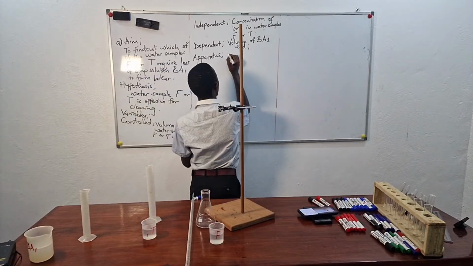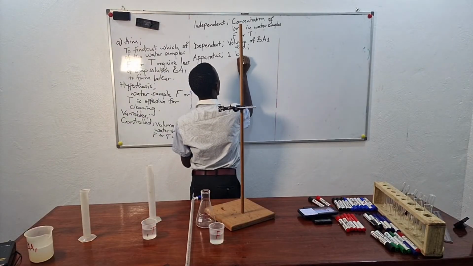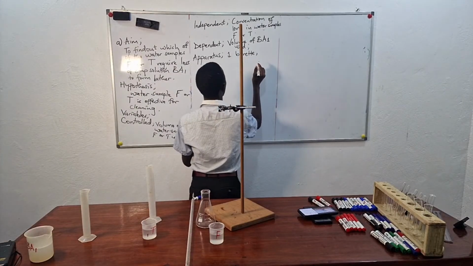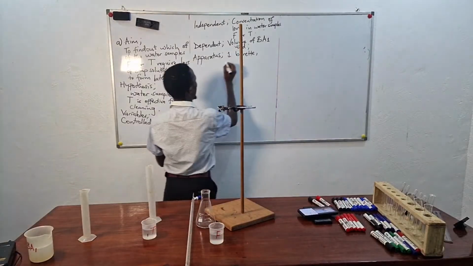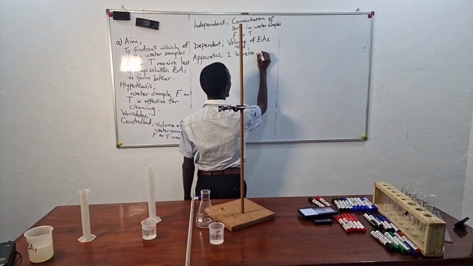So we shall need a burette, we shall need a conical flask. I need one, I think one will be enough. Let me use two.